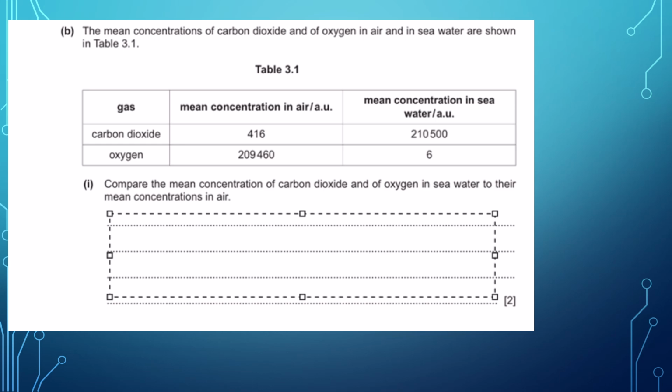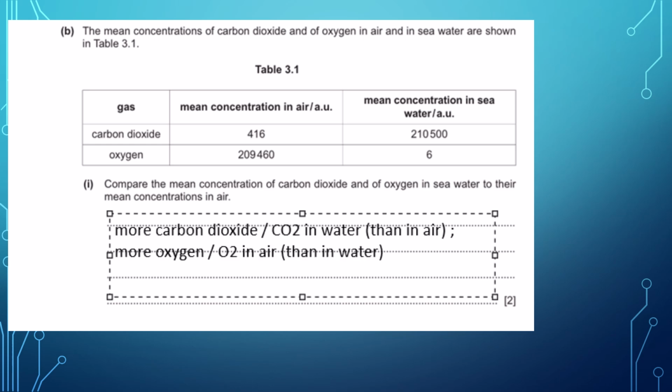They just ask you to compare, to look at the numbers. So a simple answer could look like this. There is more carbon dioxide in water than in air, and there is more oxygen in air than there is in water. And if you want to be specific, you can go in and say how big the difference is in the numbers. But the key here is just to compare the numbers and don't start to explain why.